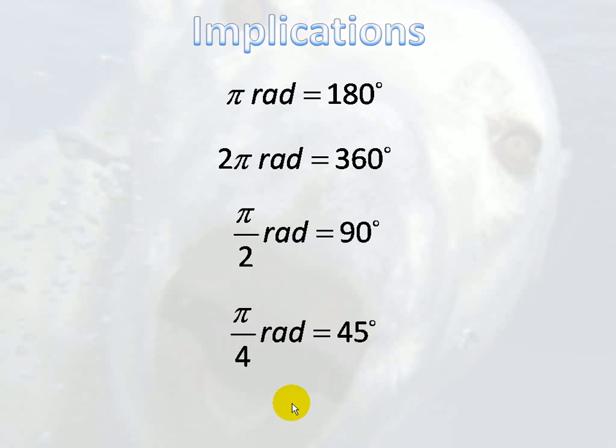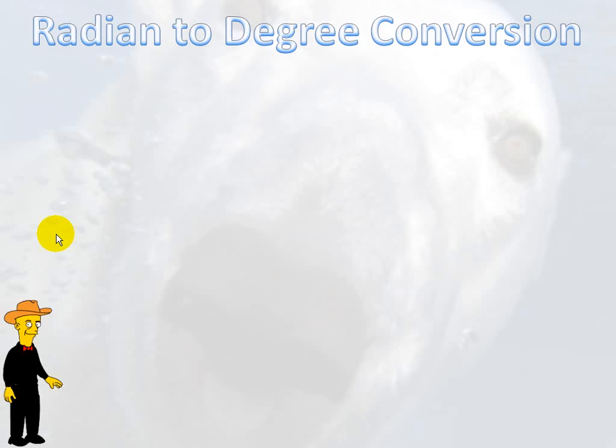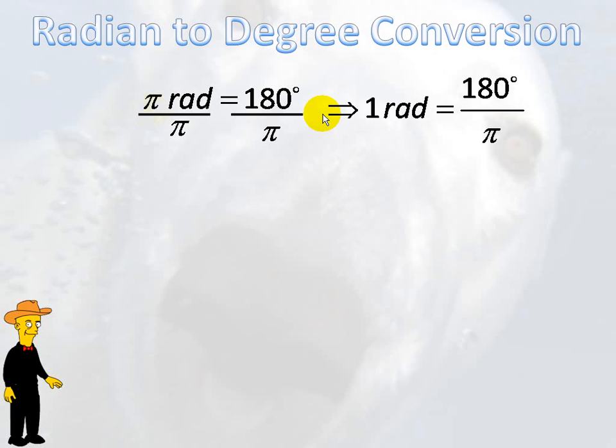But we want to be a little more general. How do you convert from radian measure to degree measure? If you know how many radians you have, how can you calculate how many degrees that is? So let's start by recognizing that pi radians is 180 degrees. Now I'll divide both sides by pi, and we find that 1 radian equals 180 degrees over pi.